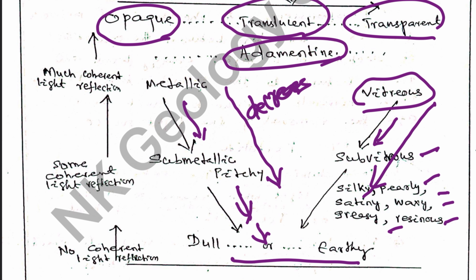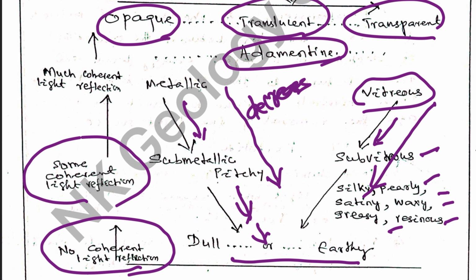Finally, we get dull or earthy luster, and if we take into account the coherence of light reflection, in dull there is no coherent light reflection. As you go up gradually, we see some amount of coherent light reflection, and much coherent light reflection takes place in the case of metallic and adamantine luster.